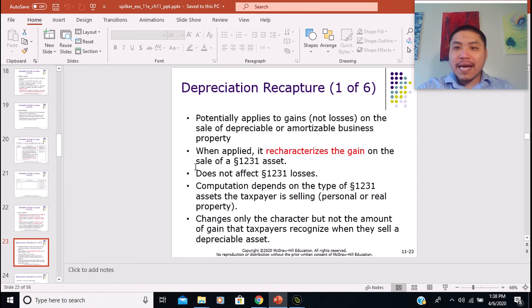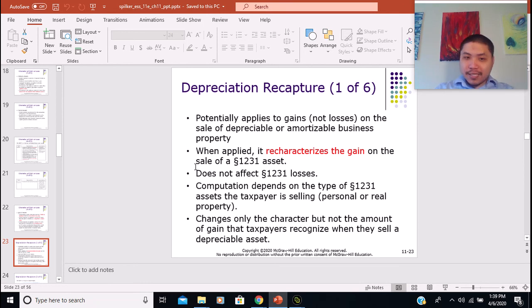And then if there's a remaining portion of gain after you take out the portion generated from depreciation, that remaining gain comes from the appreciation in economic value of the asset, and it is going to be taxed at a preferential rate, at 0, 15, or 20%.